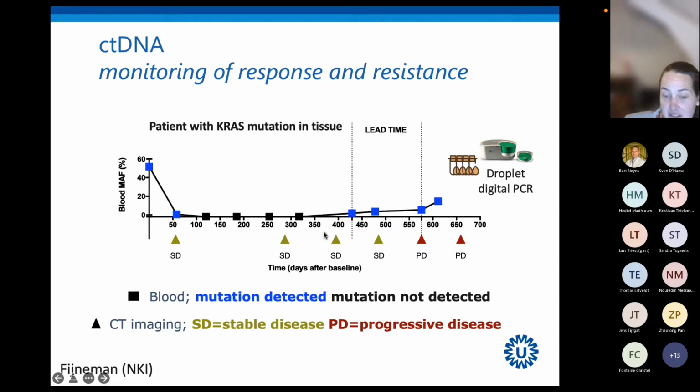And then here, the CT scans were still stable disease, but you can already see the mutation coming up in the blood. And then here the patients had progressive disease on the CT scan. But what you can see is you can determine the progression earlier on your circulating tumor DNA compared to your radiology.